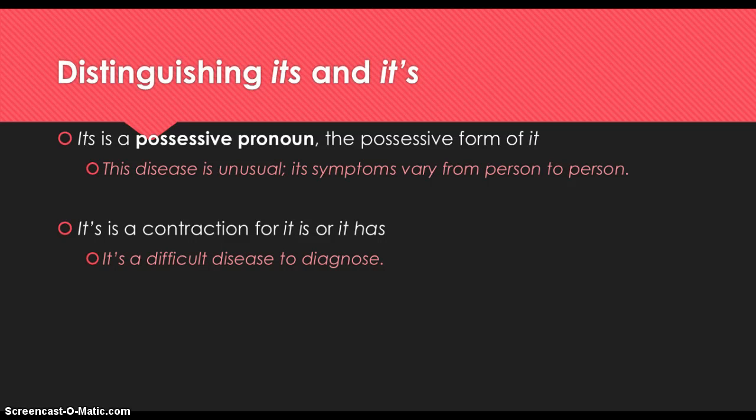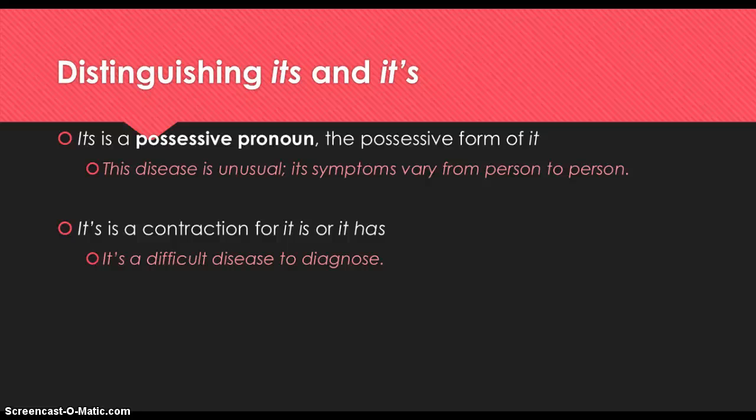How do you tell the difference between its with no apostrophe and it's with an apostrophe? It's very, very simple. ITS with no apostrophe is a possessive pronoun. It's the possessive form of it. Look at the example. This disease is unusual. Its symptoms vary from person to person. The word symptoms is owned or possessed by the possessive pronoun its, no apostrophe.